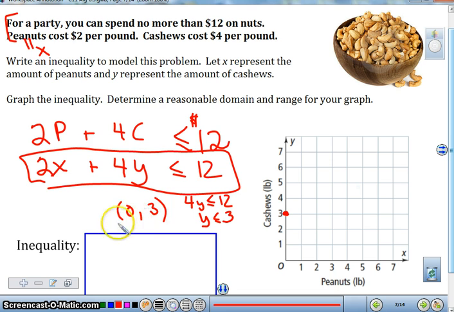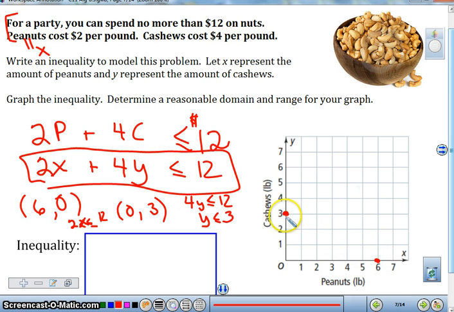That's our y-intercept. What's our x-intercept? Remember when we did that earlier, this is where it comes in handy. So now if y is 0, we end up with 2x less than or equal to 12. If 2x is less than or equal to 12, we should have 6.